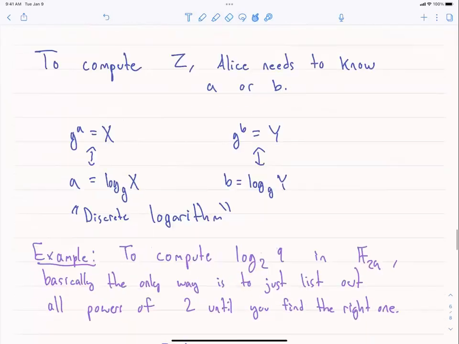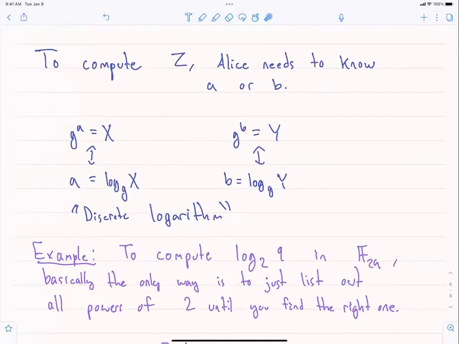So just to make that explicit, to compute Z, Eve really needs to know A or B, and she knows X or Y, so she just needs to know one of A or B. And she knows how the system works, actually. We can assume that Eve, our eavesdropper, is versed in how Diffie-Hellman works.